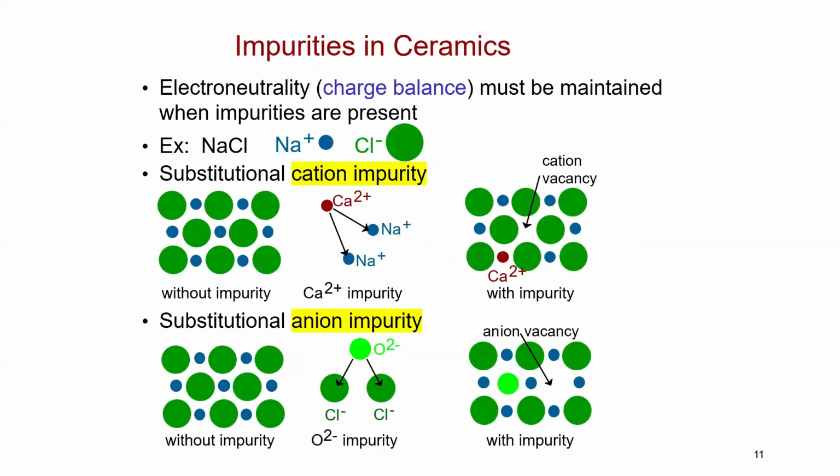Now let's see the impurities in ceramics. Ceramics is always two things together. We have a cation and an anion, for example, sodium and chlorine. Sodium is a cation with a smaller radius, and chlorine is an anion with a larger radius. So we can have a substitutional cation impurity.